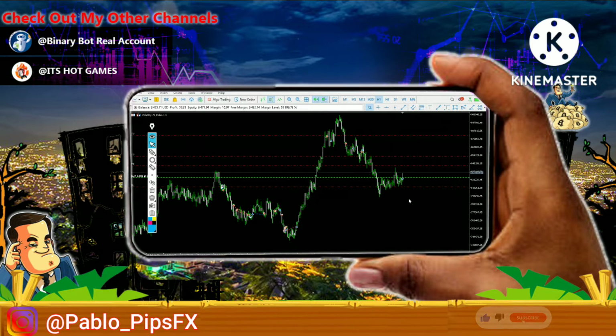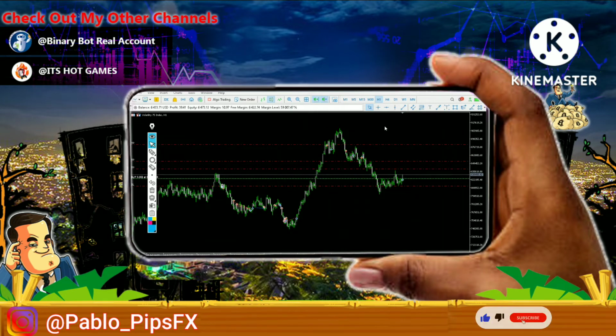But I want you guys to take note and pay attention to how I'm executing these trades. So the first thing is, usually you want to start with your higher time frame, your bigger picture analysis. We can see that on the 1 hour chart here, VIX 75 was bullish.